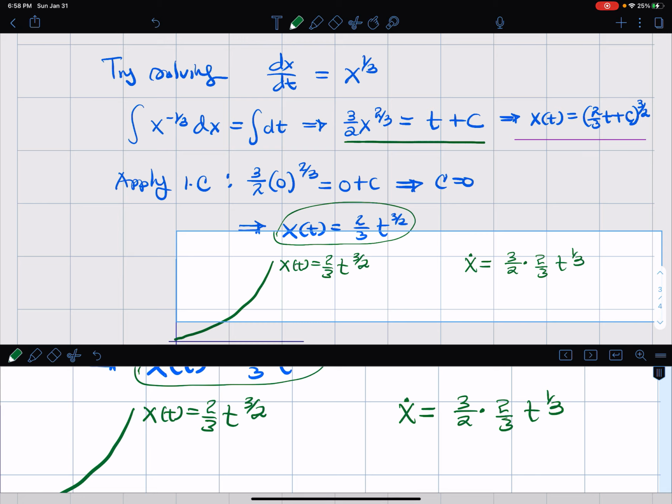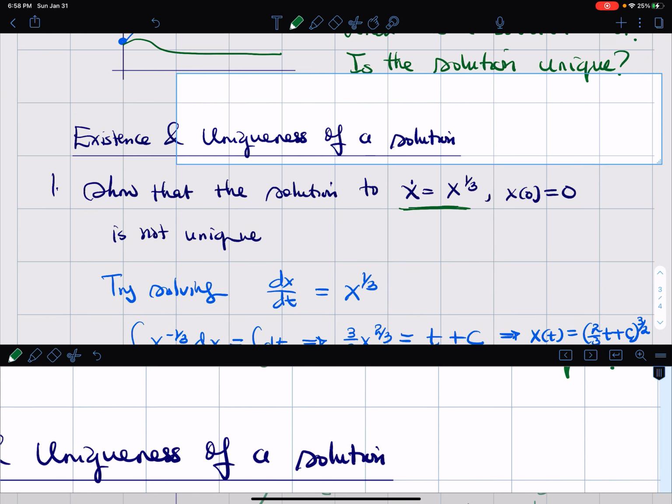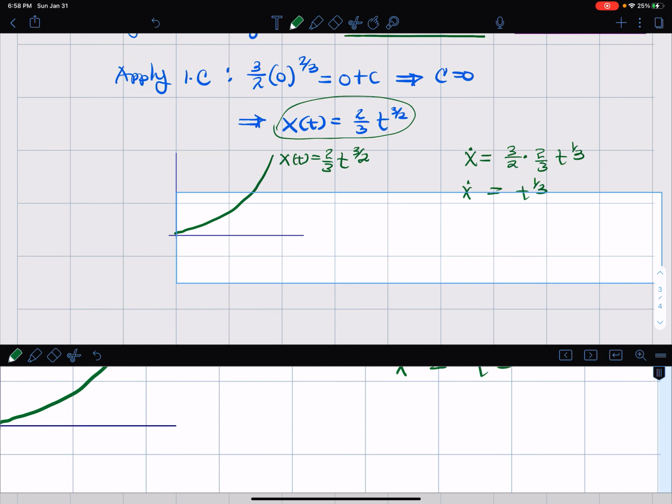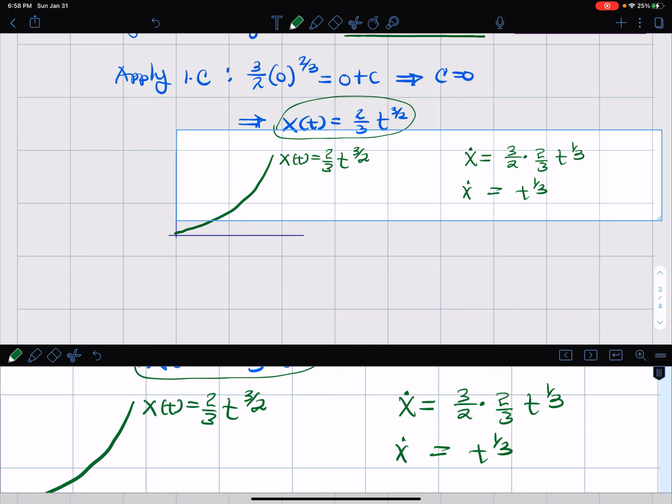This will just give us what we started with, t to the power of 1/3. Oh, no, that's not what I meant. Okay. Forget about this.